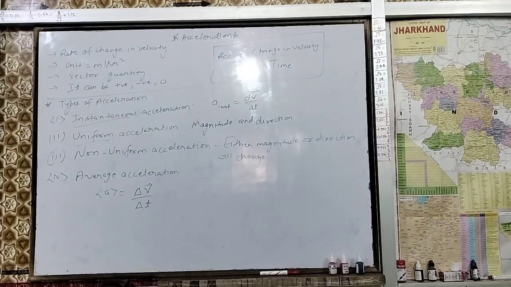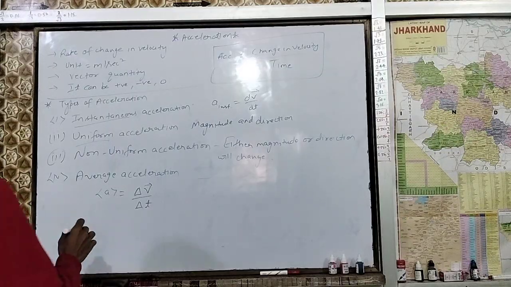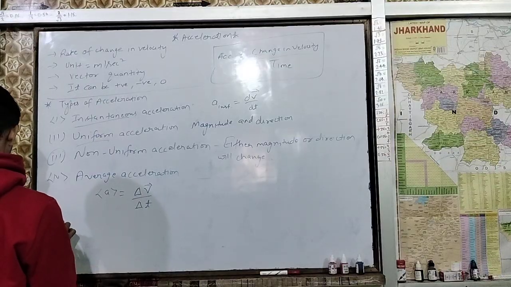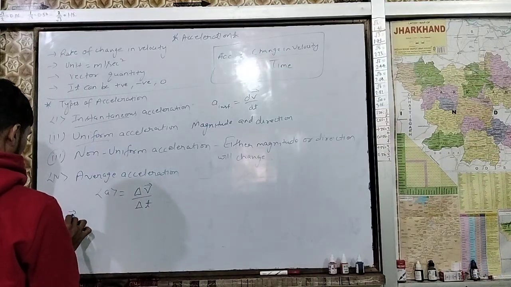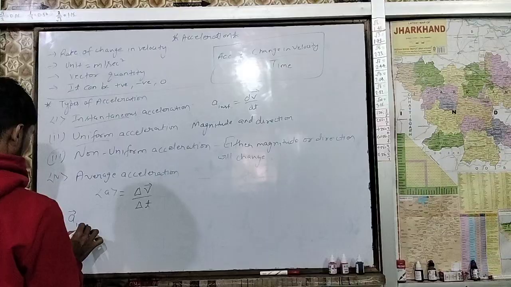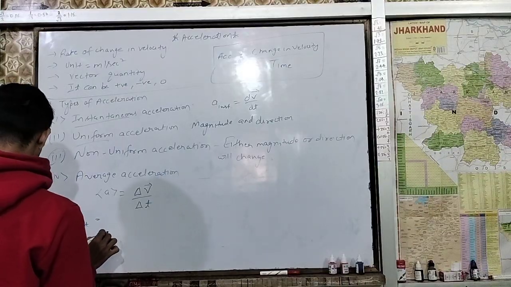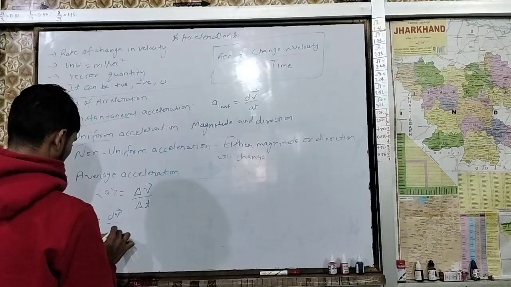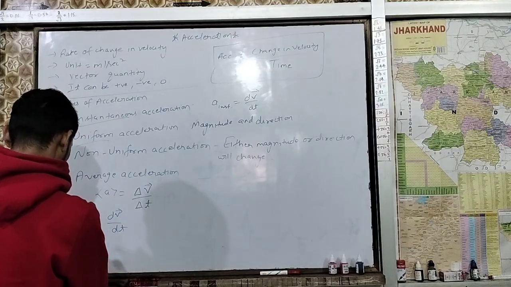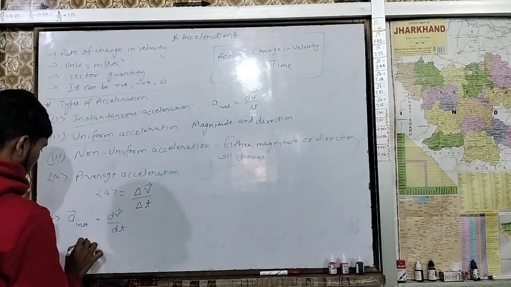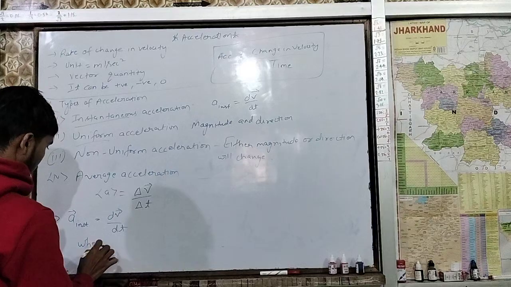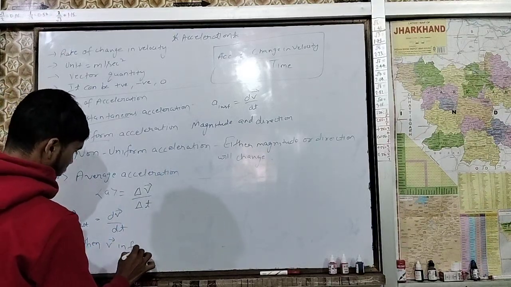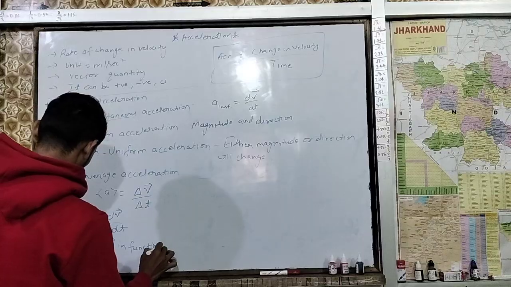Okay, now look at over here. Instantaneous acceleration is equal to dv upon dt, but remember, when v is a function of time.